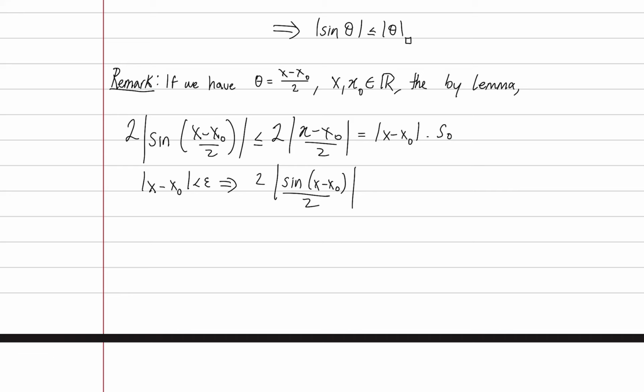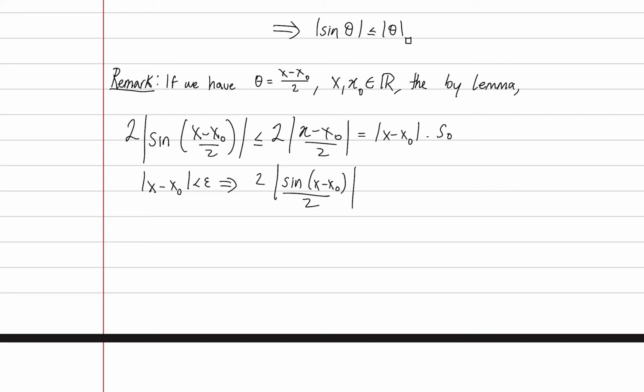Here's a quick remark. If we have theta to be (x minus x naught) over 2, where x and x naught are real numbers, then by the lemma, 2 times the absolute value of sine of (x minus x naught) over 2 is less than or equal to, of course, this. And by canceling out the 2's, we get the absolute value of x minus x naught.